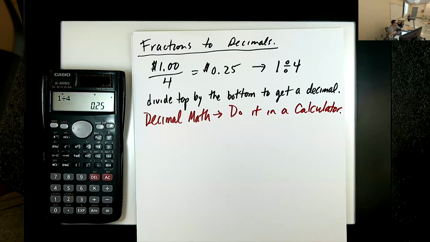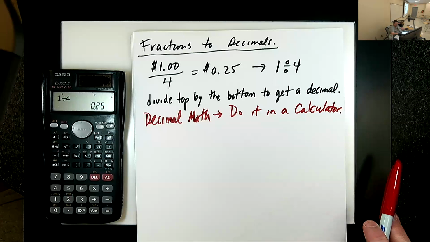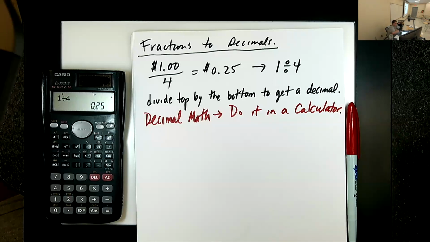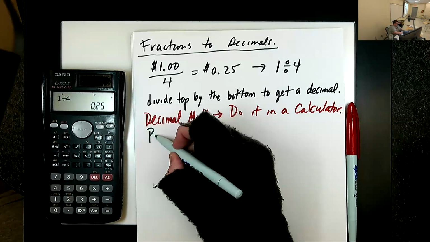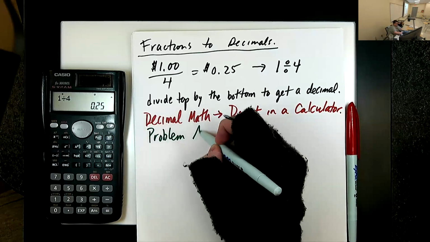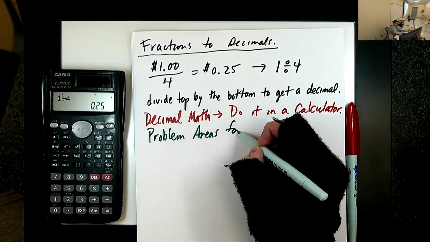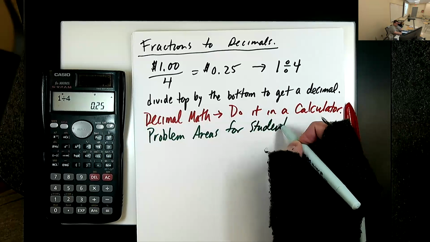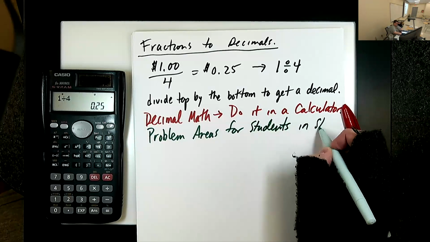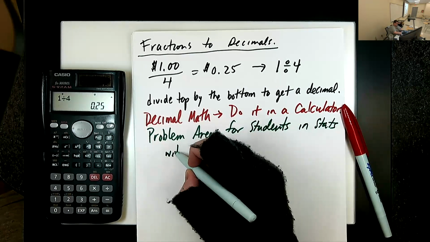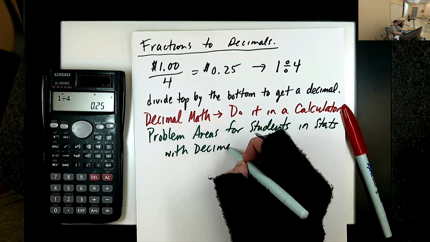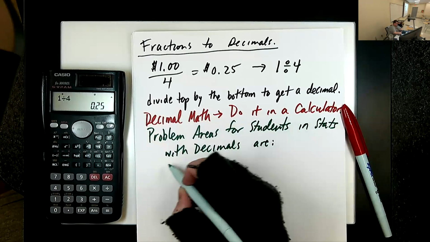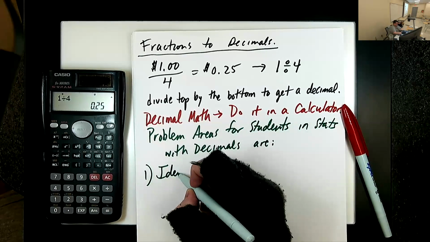The issues students have in this class with decimals, let's see. There are two main problem areas for students in stats used with decimals. One, identifying the place value.